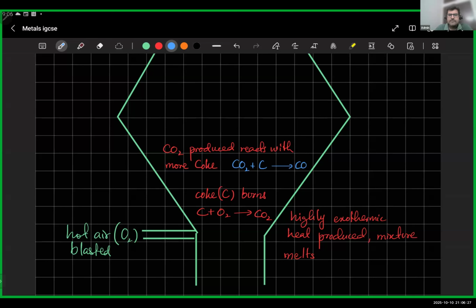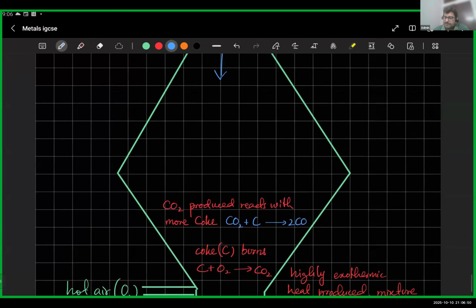Okay, 2 molecules of. So it's got to be 2 molecules of carbon monoxide. Let's correct that. So the carbon dioxide rises because it's hot, and it reacts further with the coke again and produces carbon monoxide.